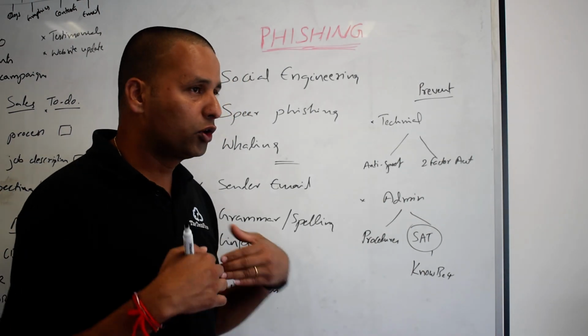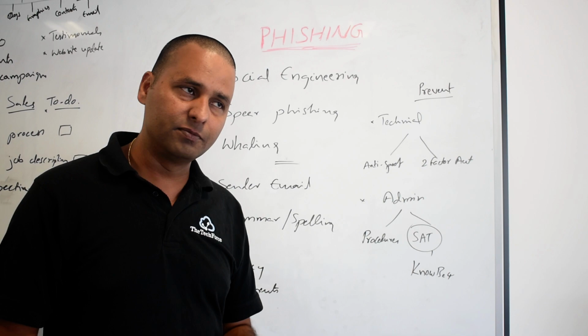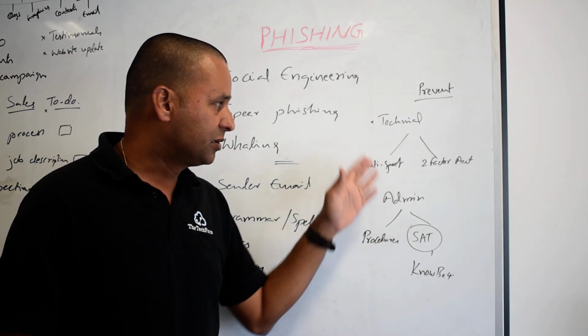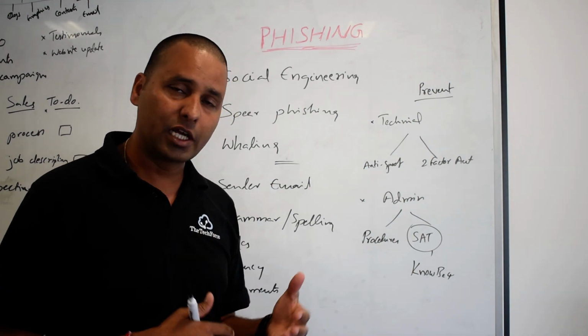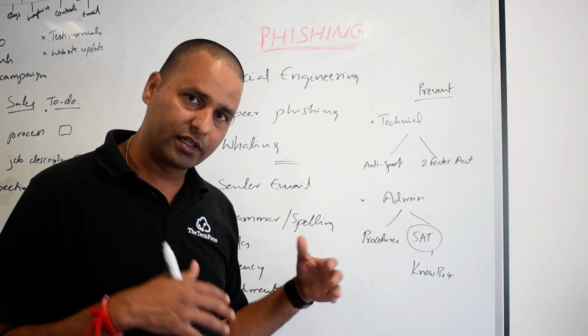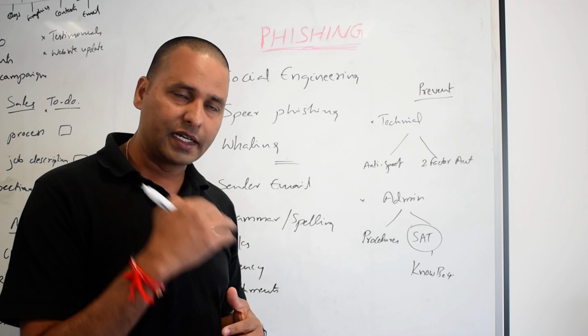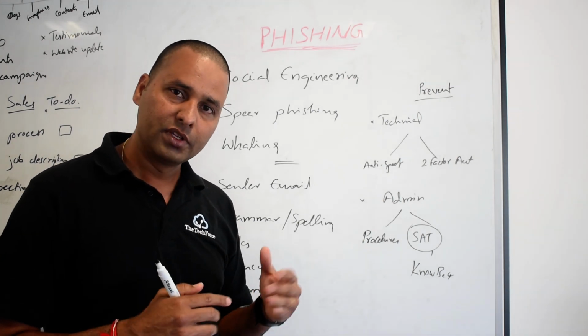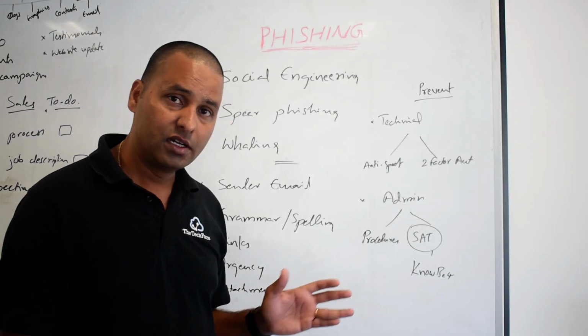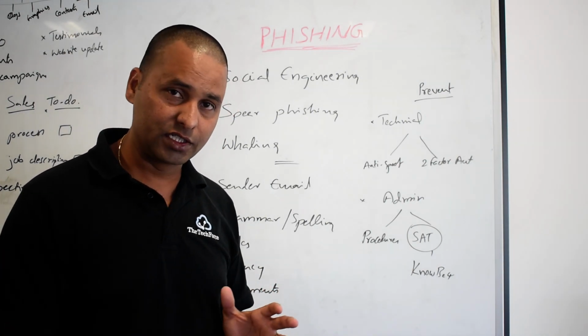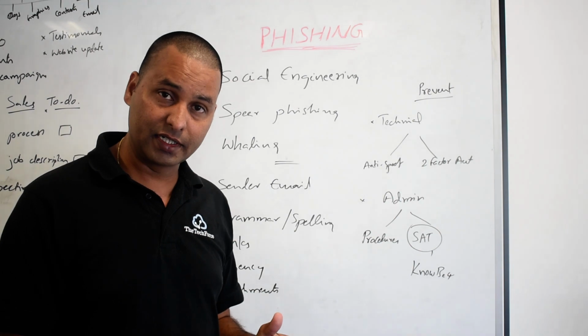And then, how to prevent a phishing attack. This could be for IT people, but it's good to have this knowledge. There are two types of controls we're talking about here: technical and admin controls. Technical controls: you can implement anti-spoofing on your domain, and you can implement two-factor authentication to mitigate the risk of phishing attacks.